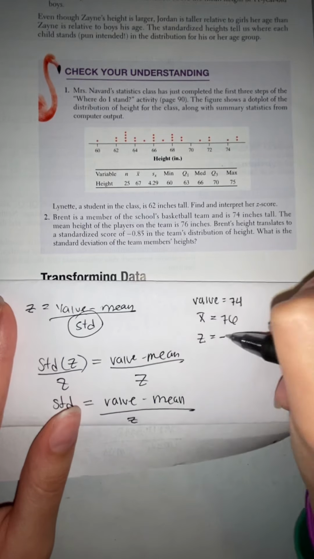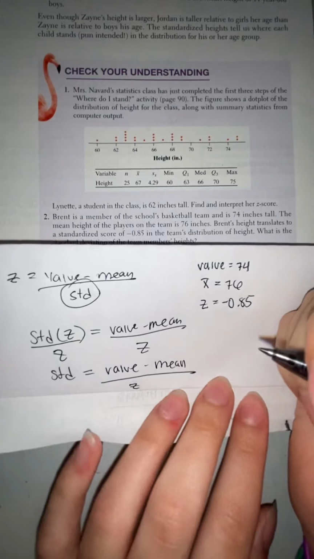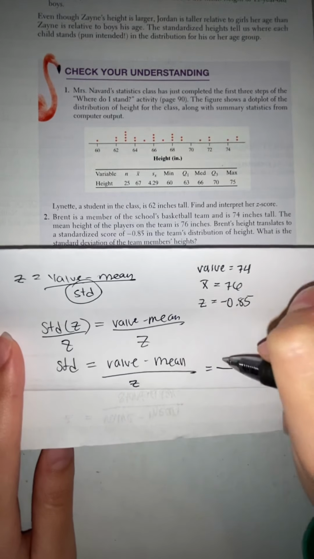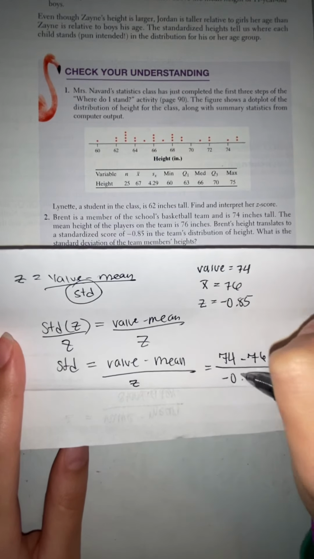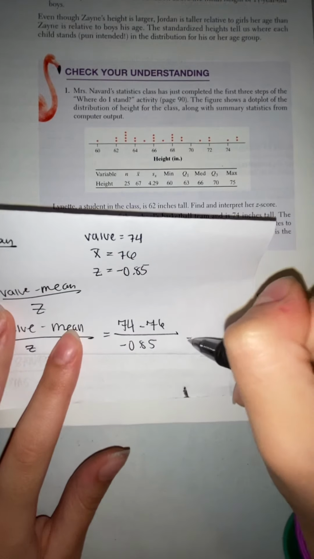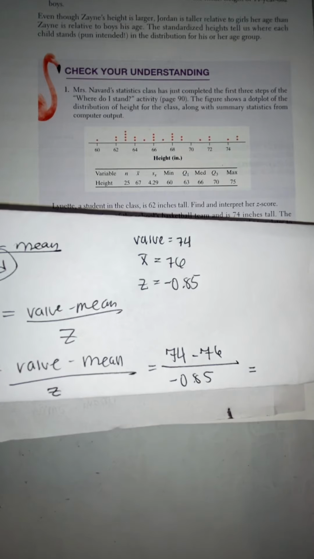So our z-score is -0.85. All we have to do is plug in those values: the value, 74, minus 76, divided by -0.85.